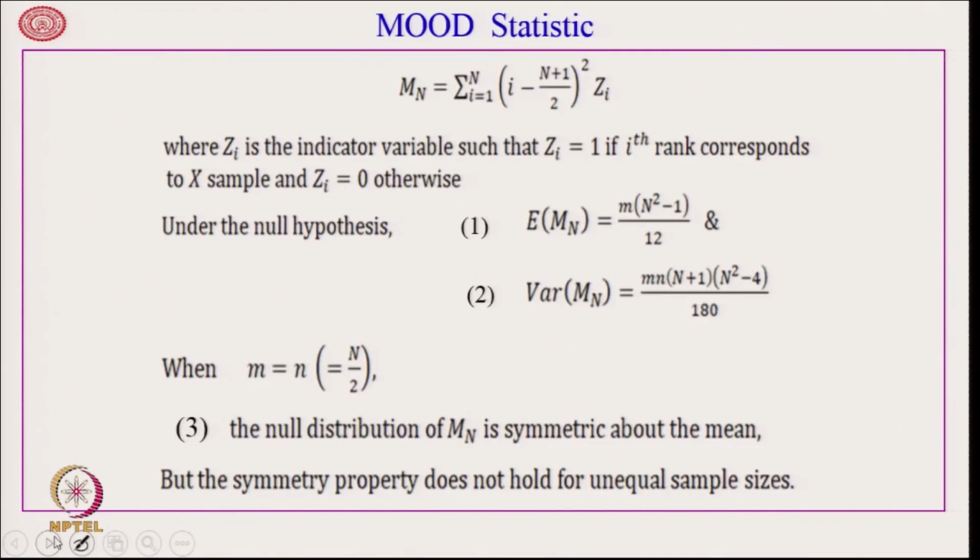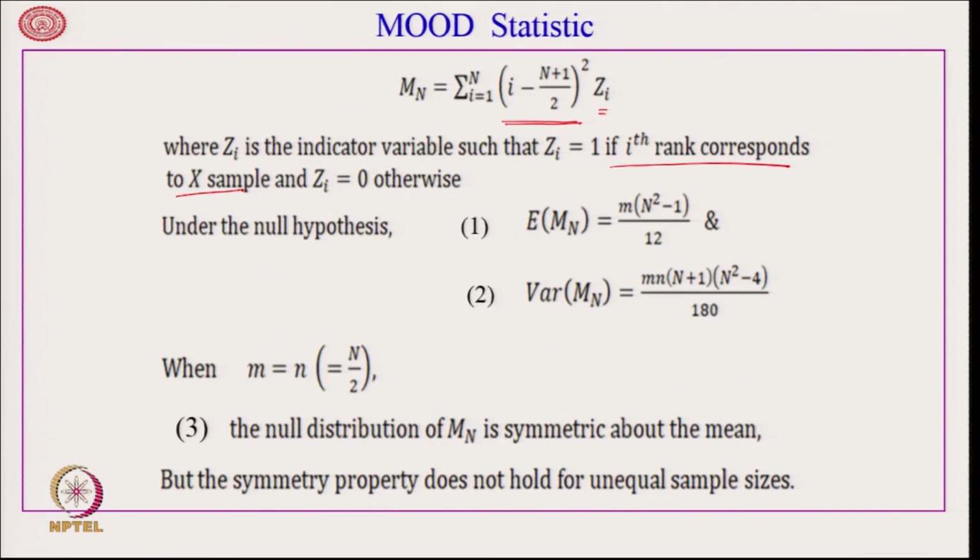In the Mood test, the statistic is M_N equal to sigma i equal to 1 to n of (i minus (n+1)/2) whole square times z_i, where z_i is equal to 1 if the ith rank corresponds to an x sample. That means we are looking at the ranks of x values.